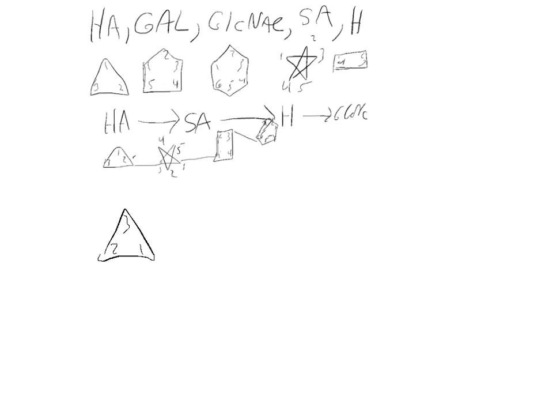If we now, instead of bonding carbon 2 on the hyaluronan to carbon 3 on the sialic acid, say we bond carbon 1 to carbon 4, for example, on the sialic acid, so here's 4, 5, 1, 2, and 3, that's great.